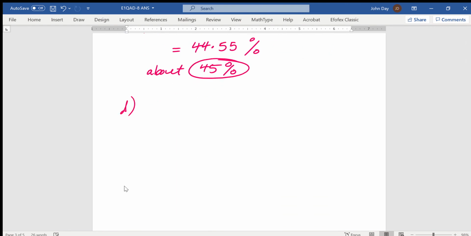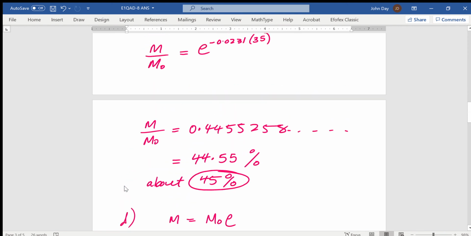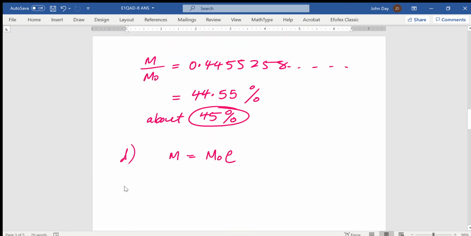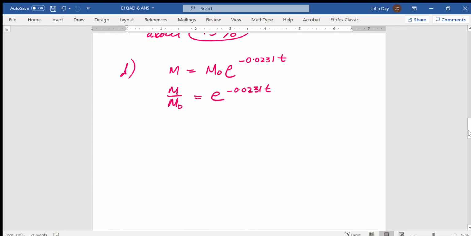We're wanting to say that with M equals M naught e to the minus 0.0231t, this fraction here, M on M naught, we want that to be equivalent to 25%.